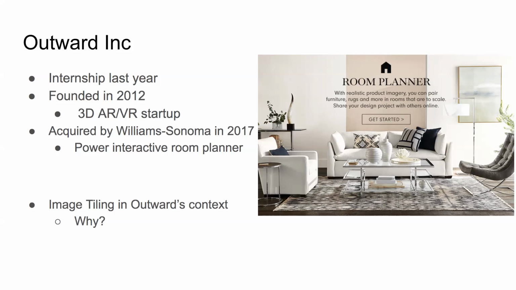We can't simply, for example, take this rug. It might take up a few inches on your screen, but suppose this rug is 10 feet by 8 feet in real life. On your screen, maybe it's 4 inches by 3 inches. We can't simply take a 4 inch by 3 inch image of that rug and render it onto the object.